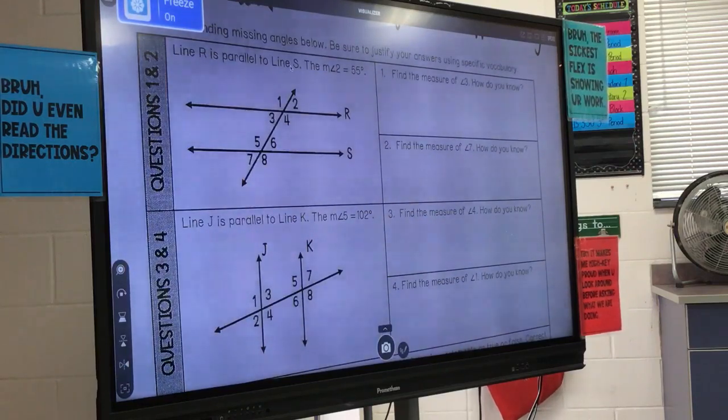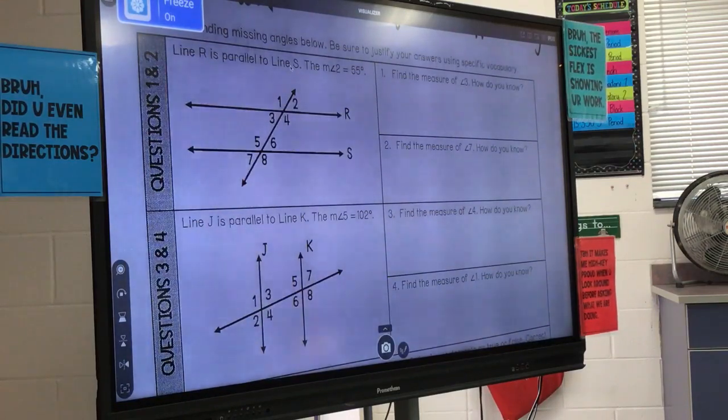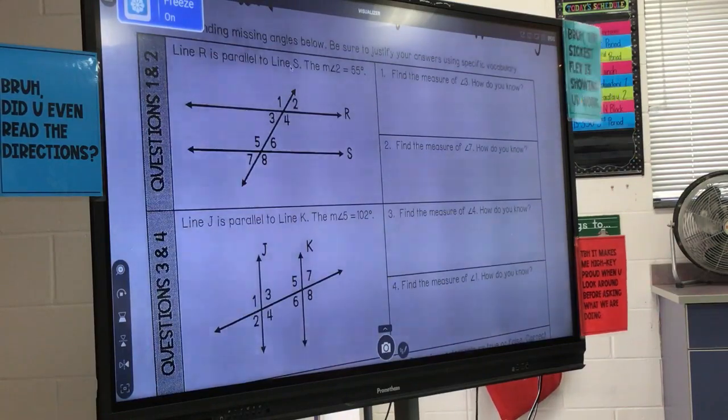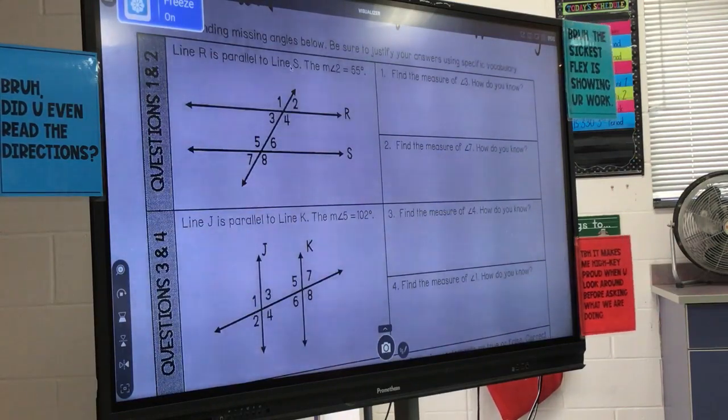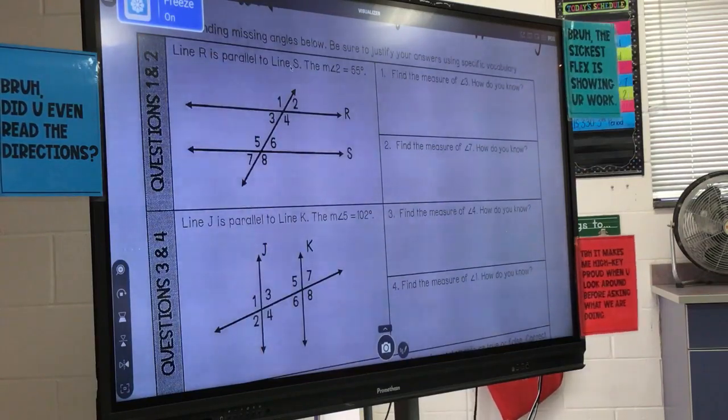So how do you get it for the first one? Because so for 7, stand up when you're finished.